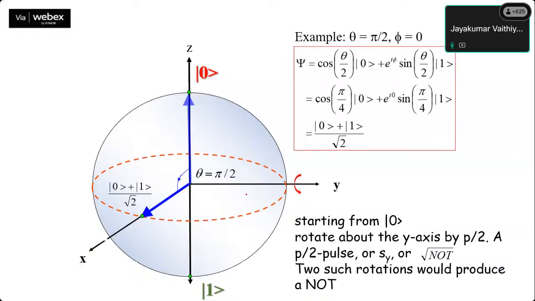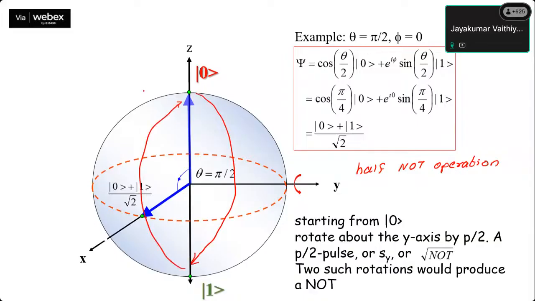So what it will do is a half NOT operation. What is the half NOT operation? A NOT operation means from 0 to 1, and 1 to 0. This is the full NOT operation. What is the half NOT operation?